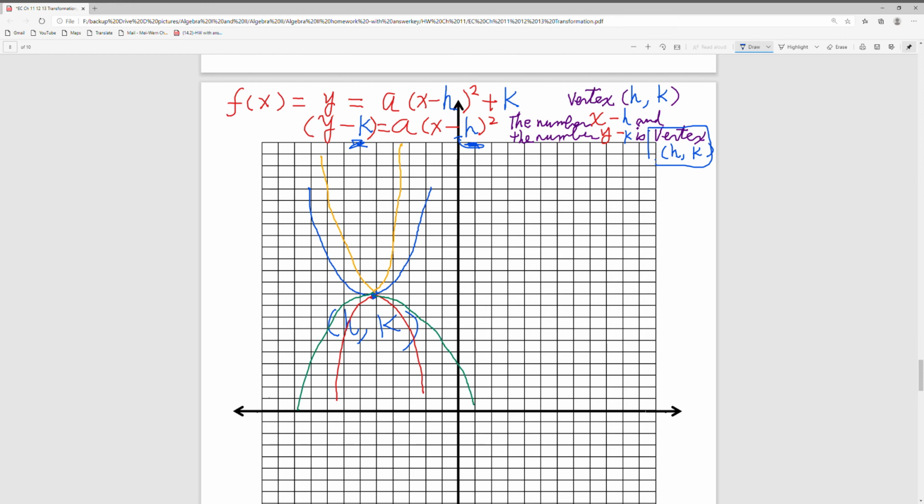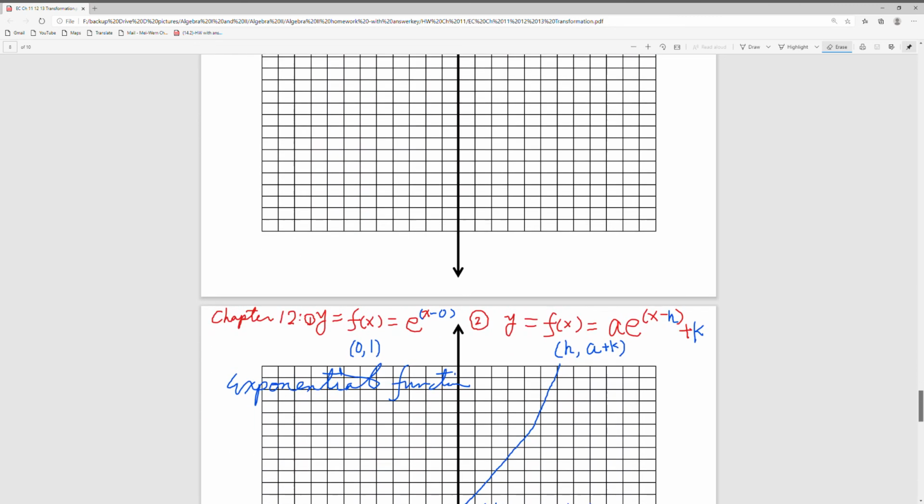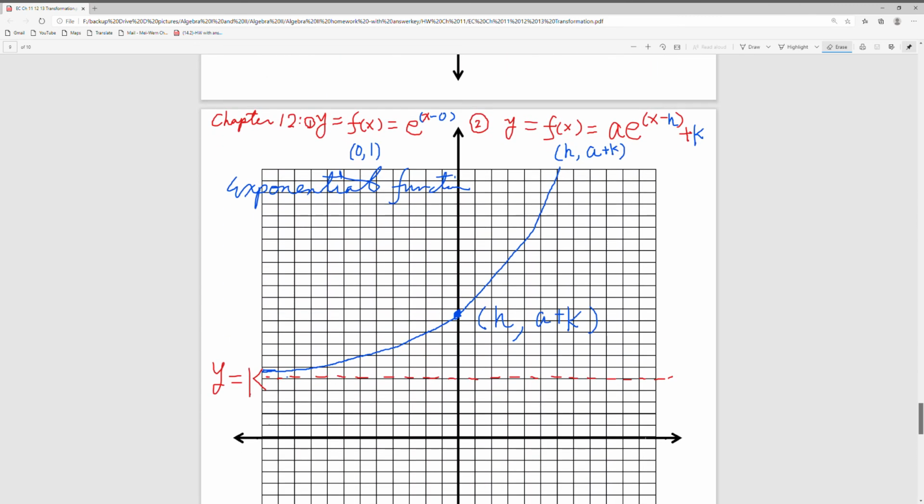And shifting by (h, k) means how you shift left, right, up, down. Okay, so I think I'm formally done with chapter 11.